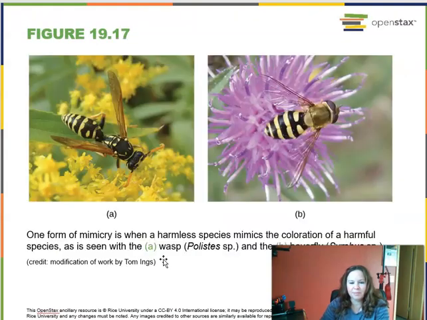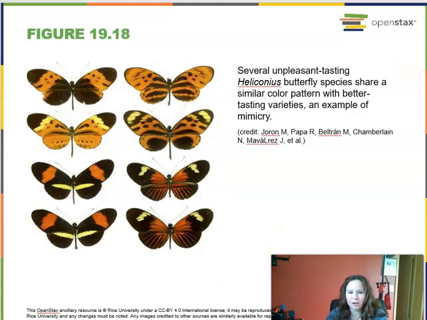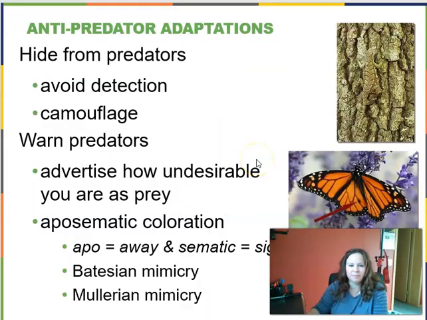And this picture shows one form of mimicry with one insect mimicking the color of the wasp, the hoverfly. Or here, different butterflies with the mimicking of the coloration, like the monarch, the orange, yellow, and black, to say don't eat me. Again, that's mimicry.